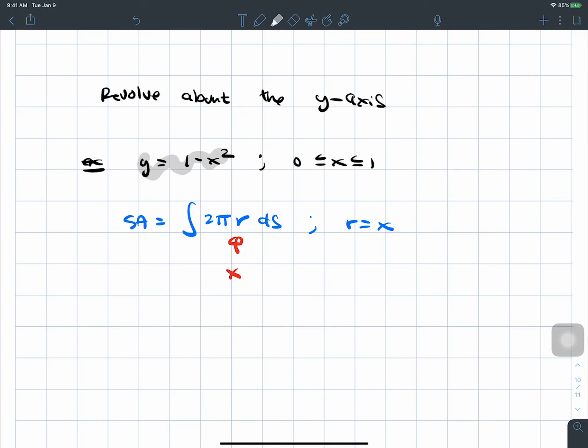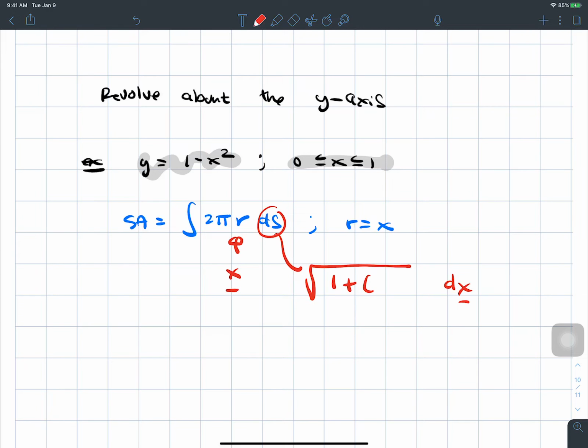They give us y is 1 minus x squared over an interval in terms of x. Don't be tempted to solve for x and do it that way. Just be grateful you could leave your radius just as x. What that means, though, you need the ds, right? This portion has to be the one that ends in dx so that you're consistent and you can integrate, meaning you have to have the same variables.